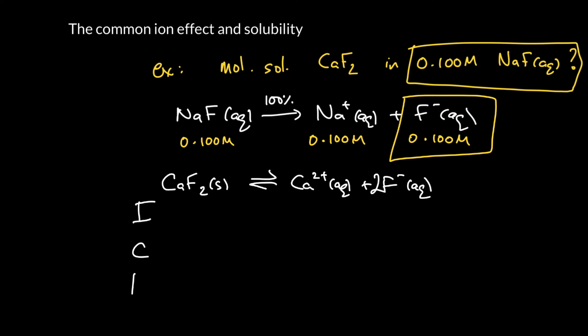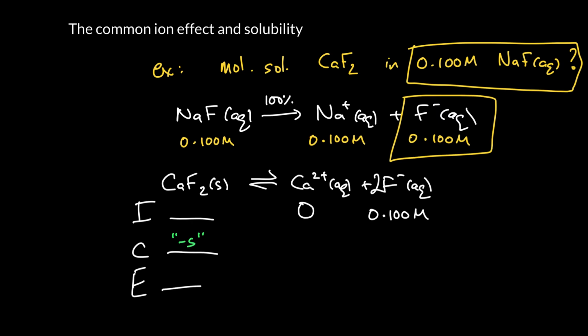And here's my ICE chart. We're going to calculate a solubility, so we're going to break down S moles per liter here in a later stage. Initially, when we're dissolving it in pure water, we said there's no calcium and there's no fluoride. But if we're dissolving it in a solution that already contains fluoride, I've got to erase that and rewrite its concentration, so 0.1 moles per liter.